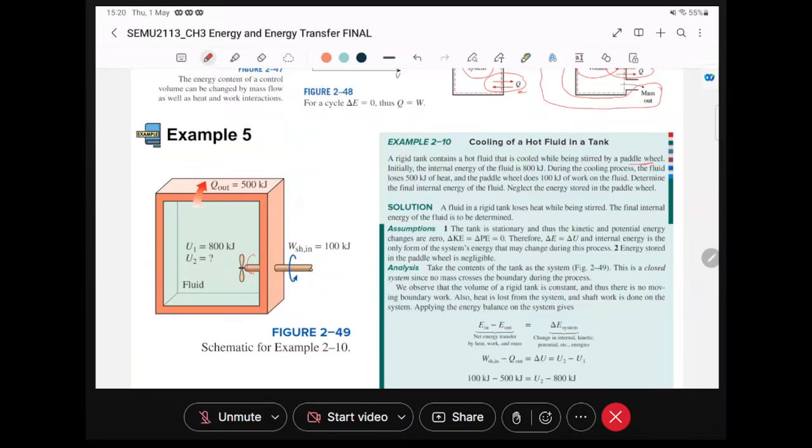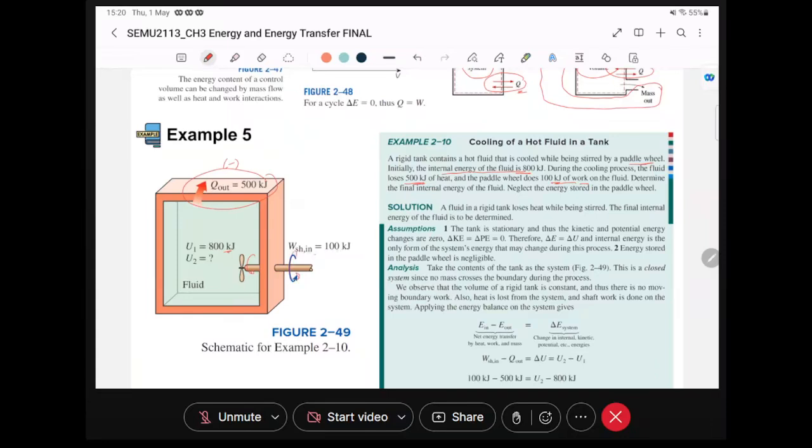Initially, the internal energy of the fluid is 800 kilojoules. During the cooling process, the fluid lost 500 kilojoules of heat. It's losing, so this heat is going out. It's negative. The paddle wheel does 100 kilojoules of work to the fluid because it's stirring it.